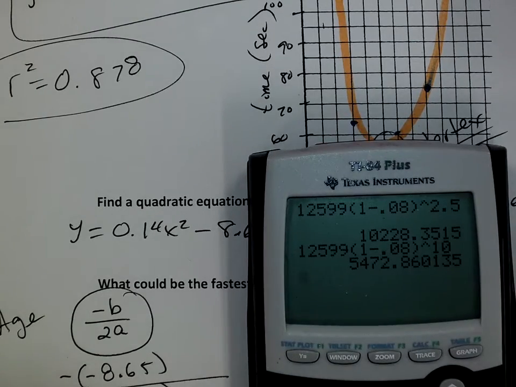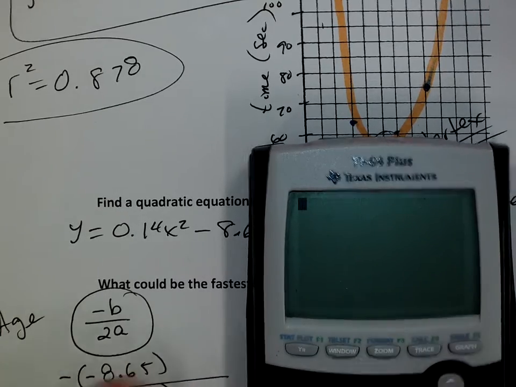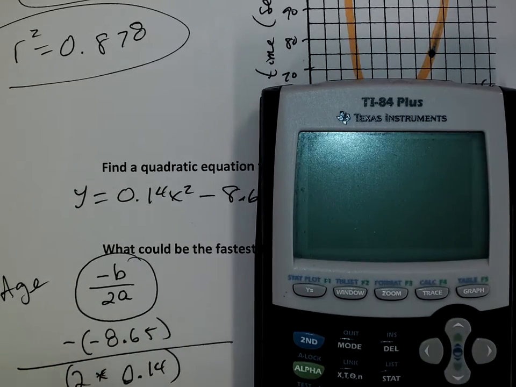So I'm going to clear that, and we'll go, if I can turn that volume up, there you go, maybe. Double negative, I'll just make it positive. 8.65 divided by 2 times 0.14.